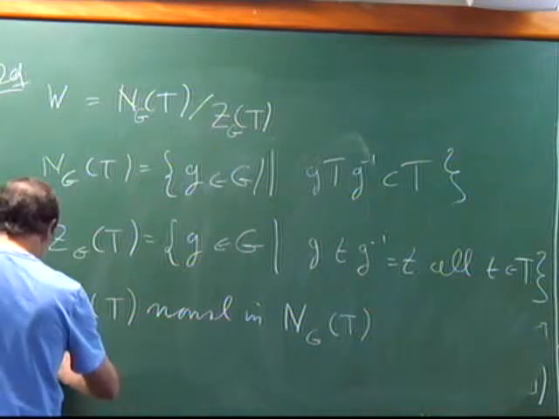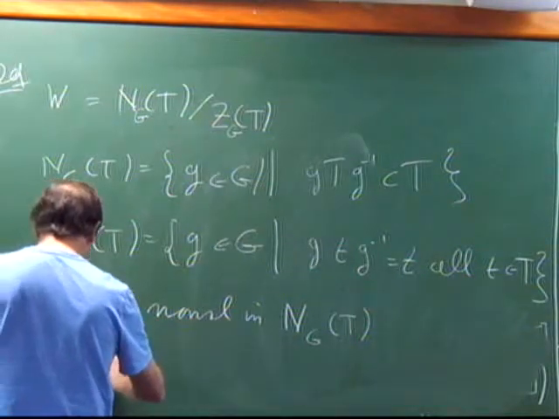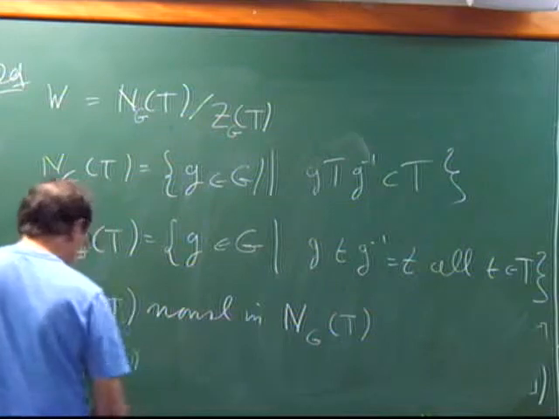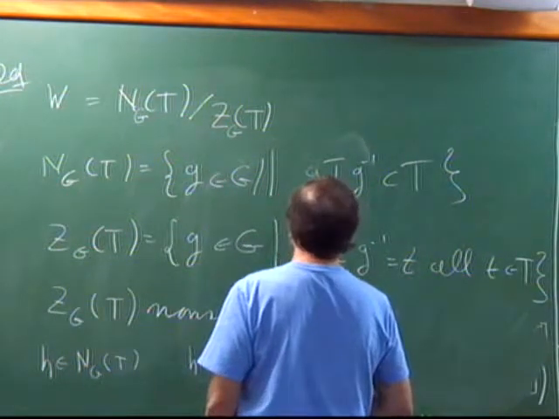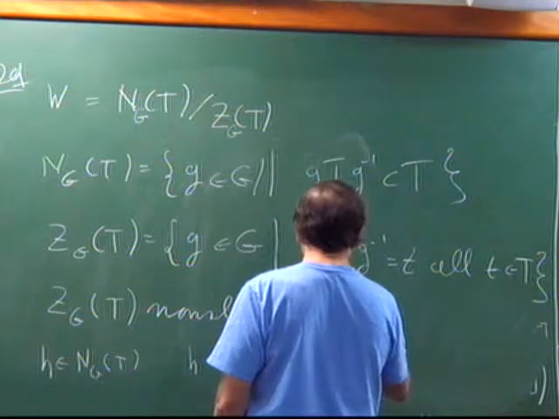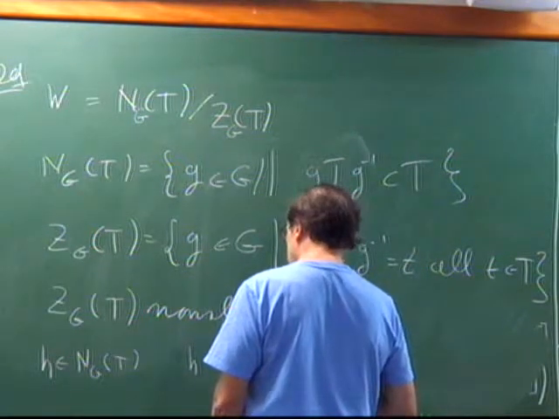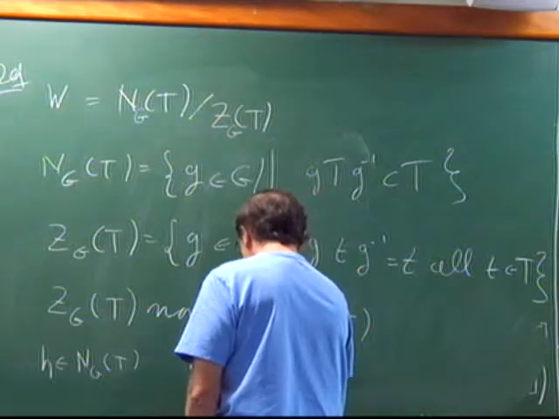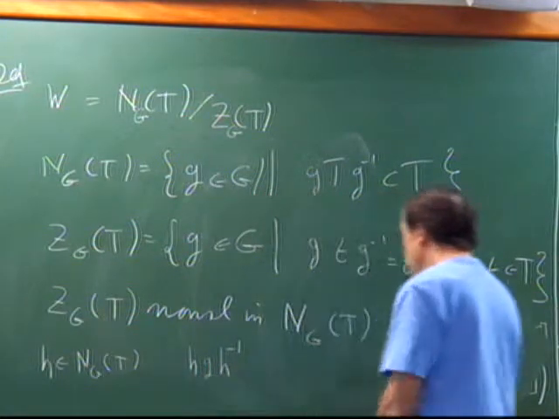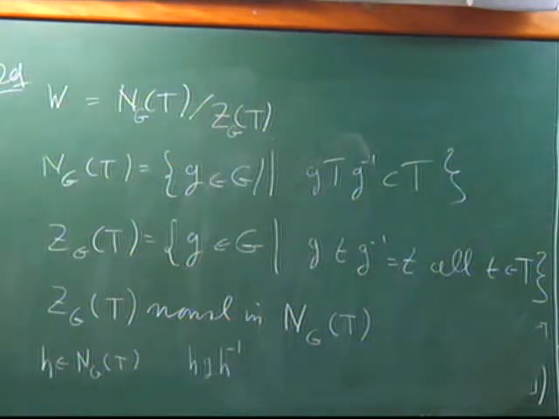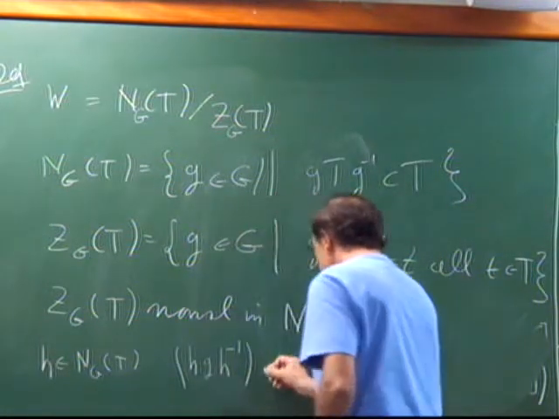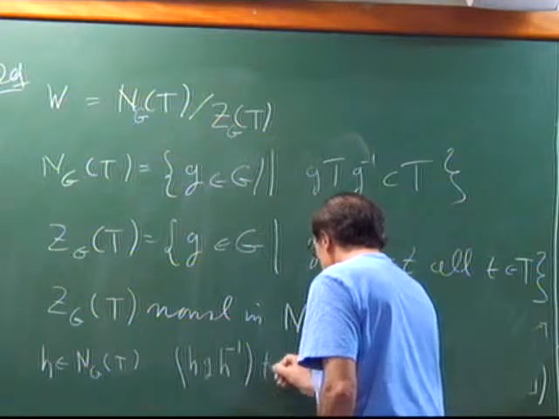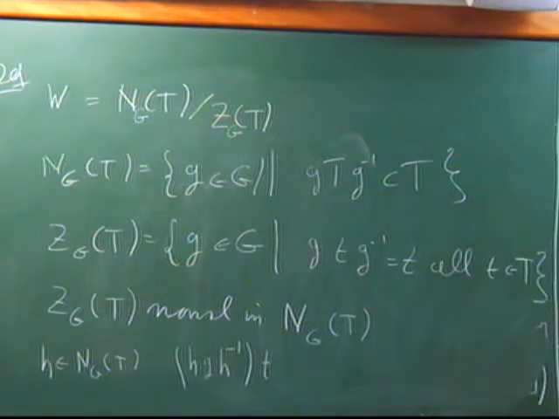So if h lies in the normalizer, take a conjugation of an element g of the centralizer: h g h inverse. What do I have to show? I have to show it lies again in the centralizer. So I show that this element has to be identity when applied to an element t in the maximal torus.